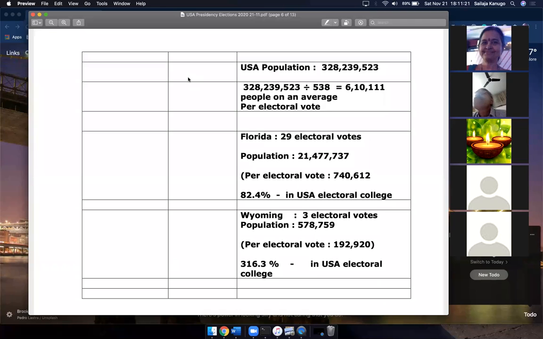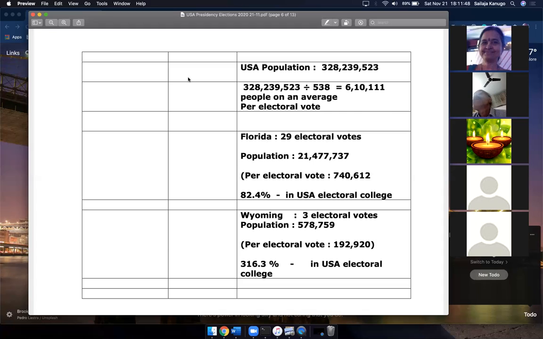So this total population divided by 538 electoral votes means for each electoral vote, the number of people is 6,10,111. Then Florida has 29 electoral votes. Florida state population is 2 crores 14 lakhs 77,737. For electoral vote, population is 7,40,612.